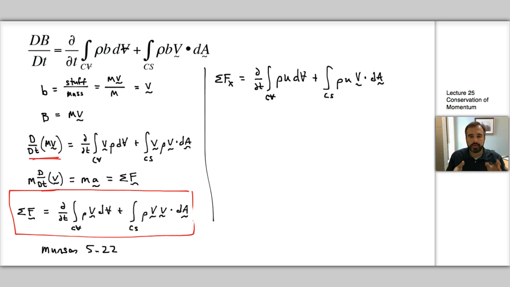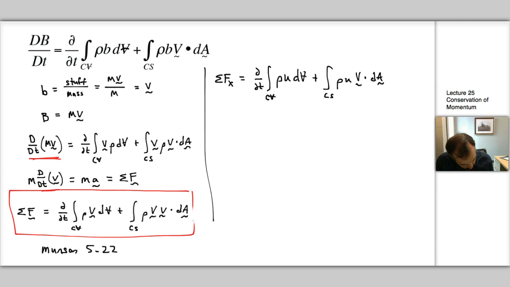What I want to point out here is that we've substituted our x component velocity u for our so-called b term of stuff. But we leave the velocity vector in the control surface calculation because we want to make sure we get the velocities normal to our differential area.